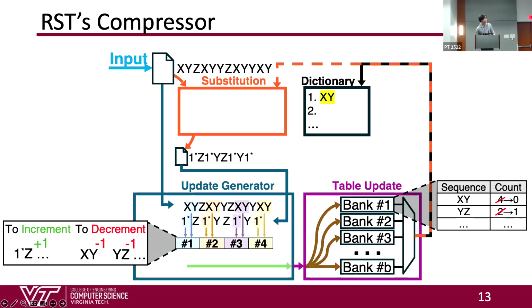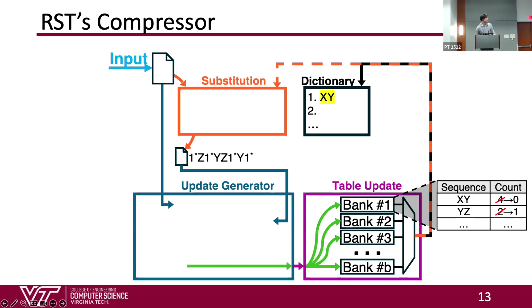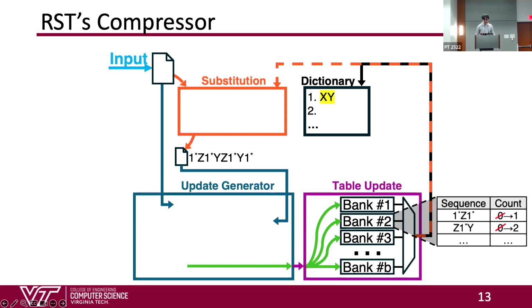Once this is done, the count of XY, which no longer exists in the page, has gone to 0. If we turn our attention to bank 2, we can see that there's a new sequence that previously didn't exist in the page, Z1 star Y, that now exists, and that happens to be the top utility sequence.